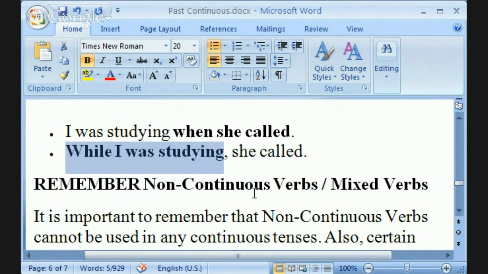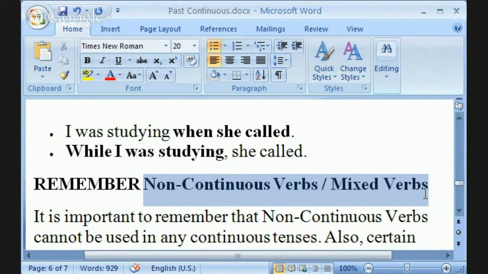Okay, can't really talk about a continuous verb tense without mentioning that there are verbs in English, most specifically stative verbs, non-continuous verbs, which again are called stative verbs. They describe a state, like love.